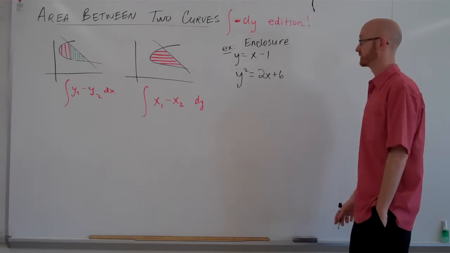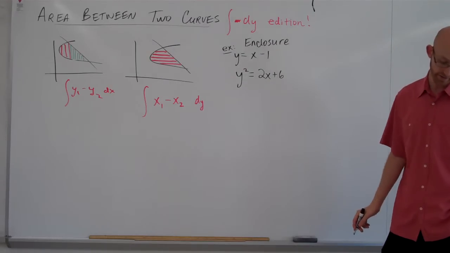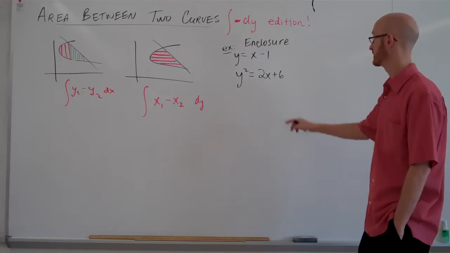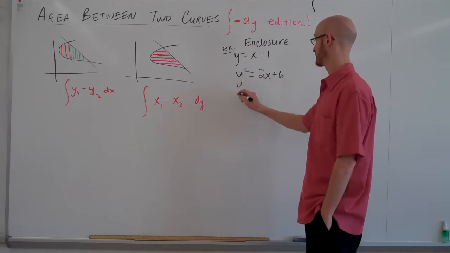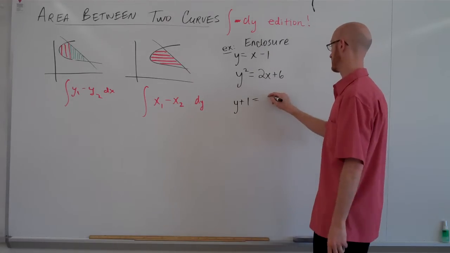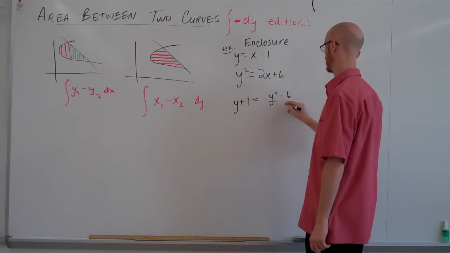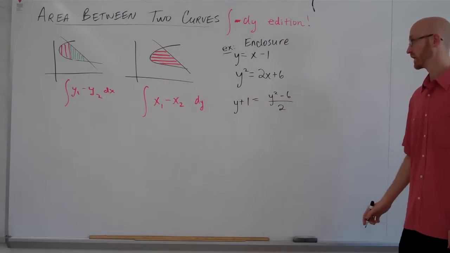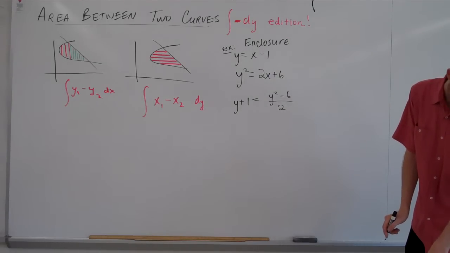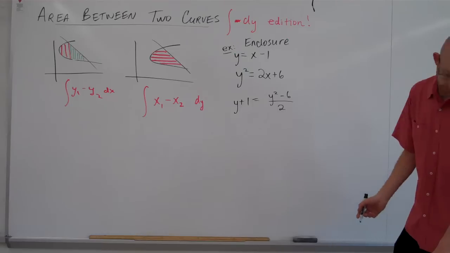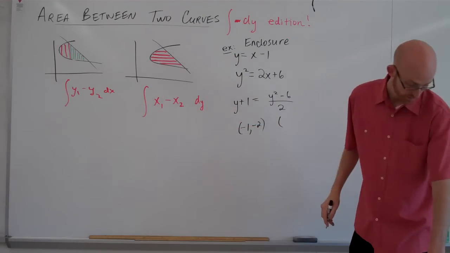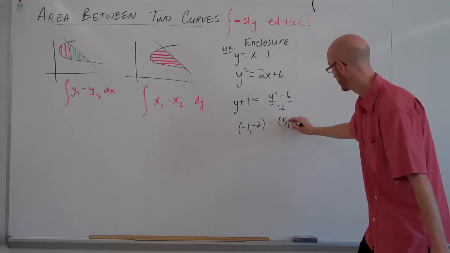So the first thing we need to do is find when they meet. And the easiest thing for me to do with that, I guess, would be to isolate x. So in that equation, it's y plus 1. And in this equation, it's y squared minus 6 over 2. And then we can solve that quadratic. The points of intersection are (-1, -2) and (5, 4).